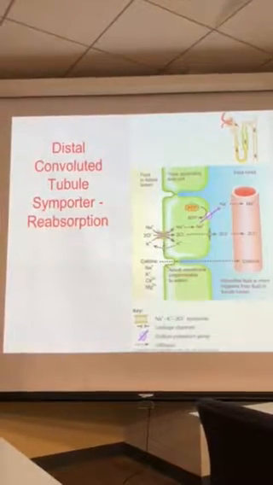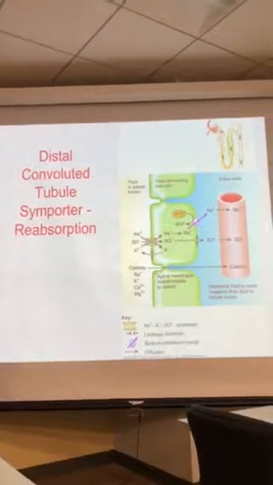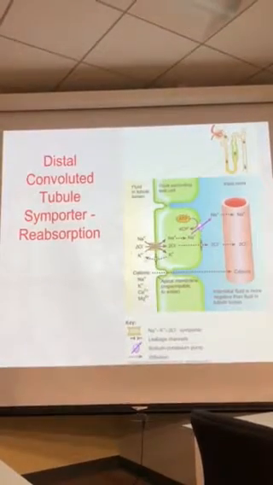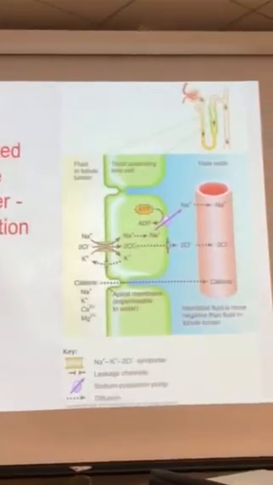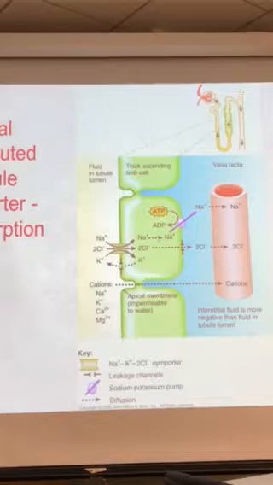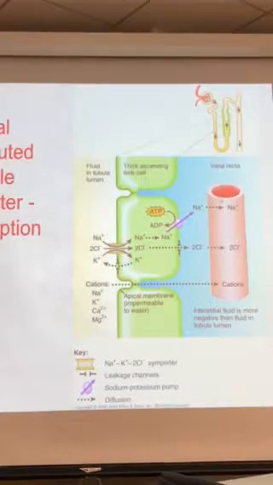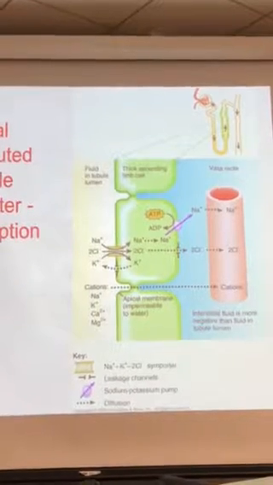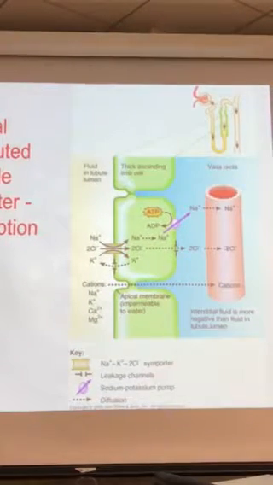All right, so here's your distal convoluted tubule and the symporter for reabsorption. Here's sodium, chloride, and potassium coming straight in here, same direction. Sodium, we said, if you're going to get that back into blood, you got to kick in a little ATP. Chloride is going to diffuse through a shuttle, you get that for free.